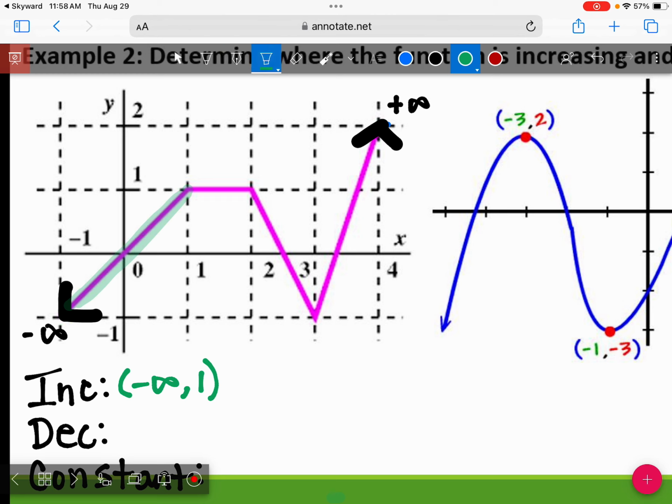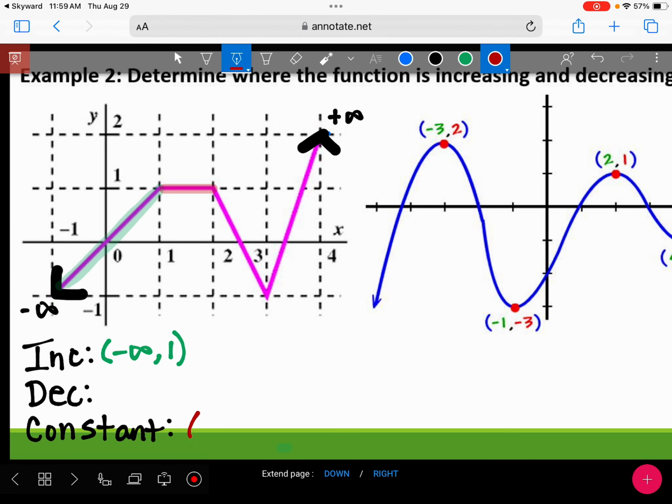Then when we get to 1, if you look at my cursor, notice it's just going straight. It's flat. So what do you think that means? It's constant. It's constant between here and here. So it's constant between 1 and 2.